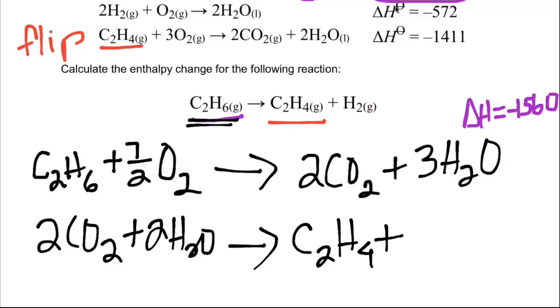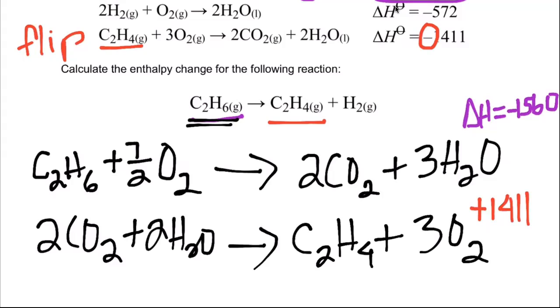Okay. So on that one, we didn't have to multiply or divide. We just flipped it. We switched the reactants and products. If you flip it, okay, what you do then is your sign on your enthalpy flips. So since this was negative 1411, this is now going to be positive 1,411. So if your sign was positive, you would change it to negative. But on ours, since it's starting out negative, we're going to change it to positive.